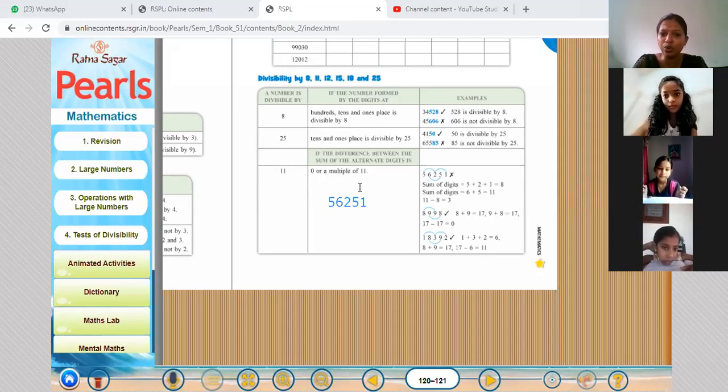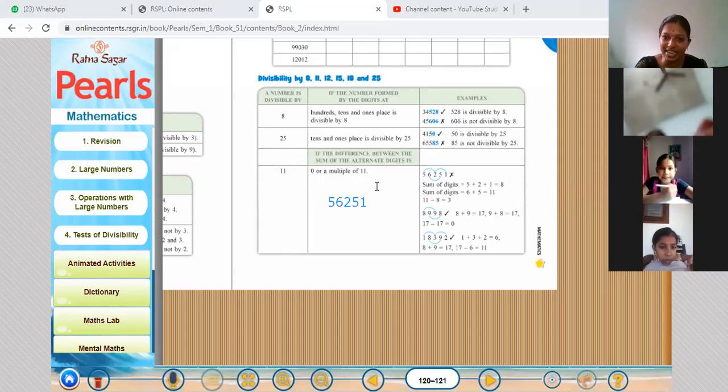Then what about 2 and 1? Look here, 2 and 1. Are 2 and 1 alternate digits? No. Why? The third digit is 2 and the last digit is 1, and there is a digit 5 in between 2 and 1.